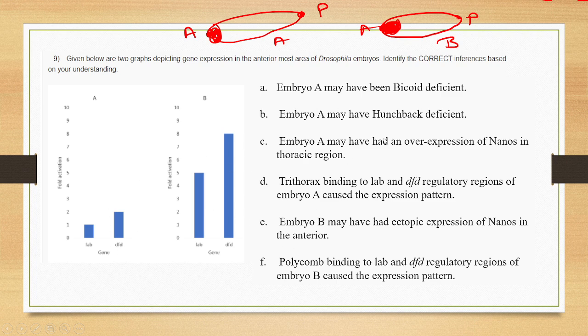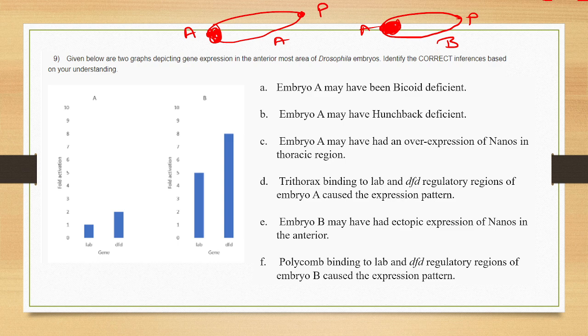Embryo A may have a bicoid deficiency, and the second option is embryo A may have a hunchback deficiency. Now, can you tell me what is the function of bicoid and hunchback? Bicoid and hunchback are required for specifying the anterior polarity.